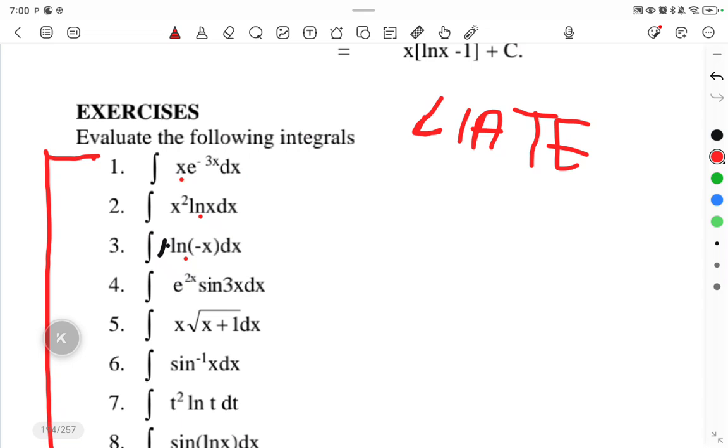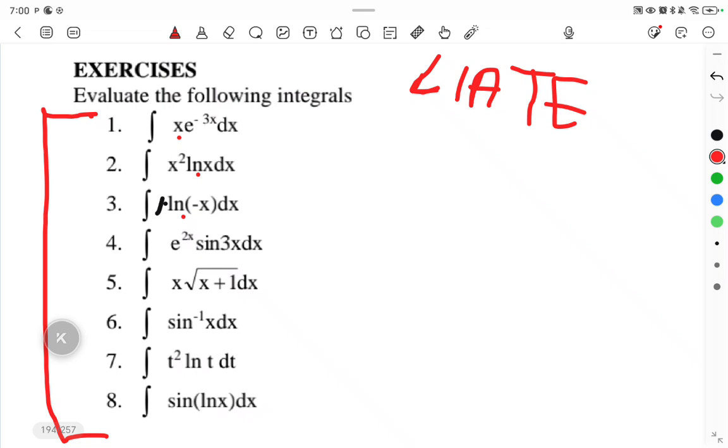You see, right? The fourth one, I have exponential and trig. Trig comes first. The fifth one, it's not inverse, it's not algebra, it's not log, it's not exponential. It's x plus 1 over 2.